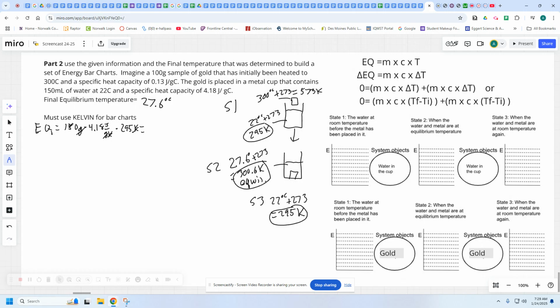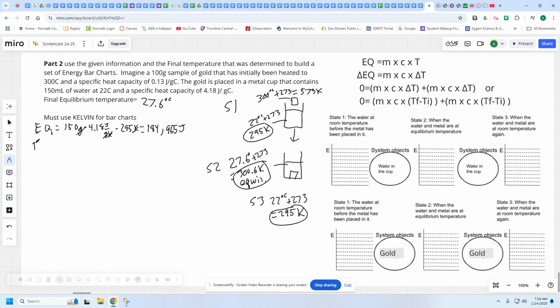So if you multiply 150 times 4.18 times 295, you should be looking at 184,965 joules in the water in state 1.